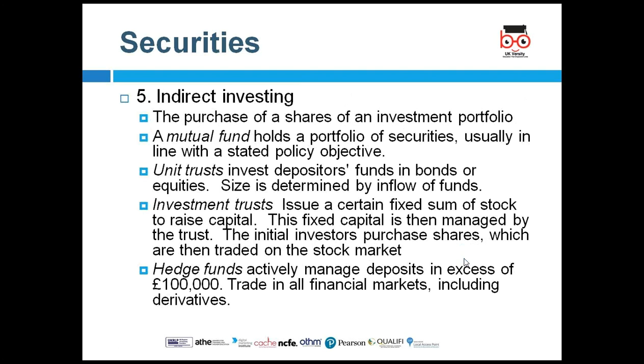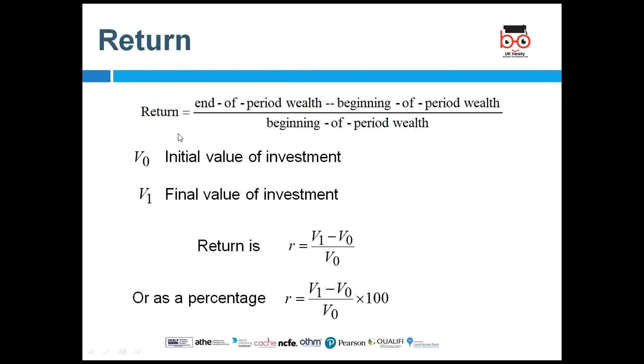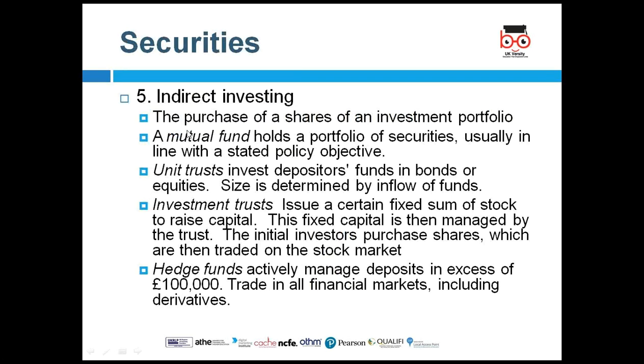Indirect investing. What is meant by indirect investing? Not directly but indirectly. Yes, purchase of shares, investment portfolios, mutual funds. What is meant by mutual funds? Like a mutual fund company, they have joint securities. Yes, joint investment, mutual interest, usually in line with a stated policy objective.